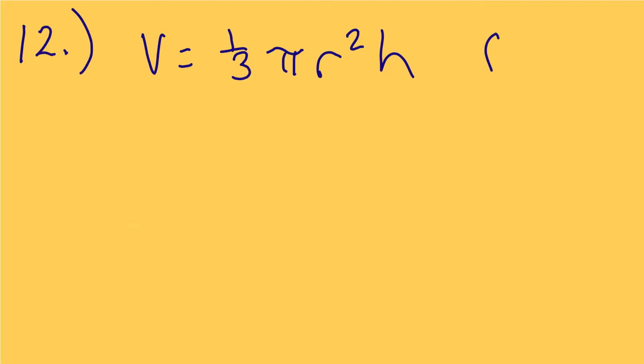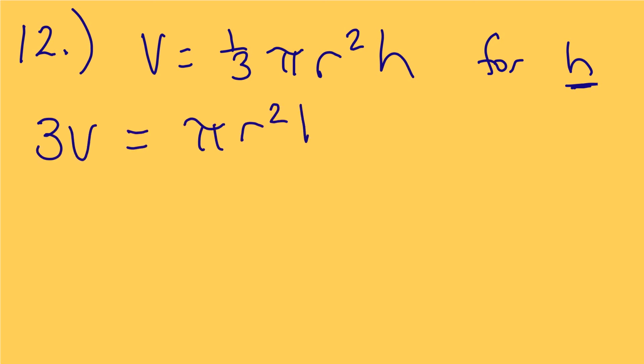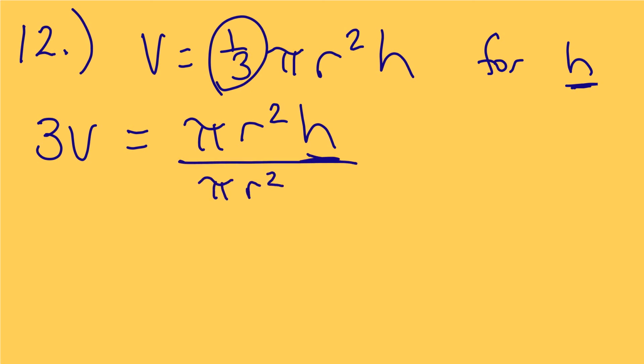All right. Remember, it says for h. It's important what it says for. I need to get h by itself. First thing I'm going to do is multiply both sides by 3. So 3v equals pi r squared h. Multiplying both sides by 3 got rid of that. All right. Now h is what I care about, so I'm going to divide by pi and r squared.